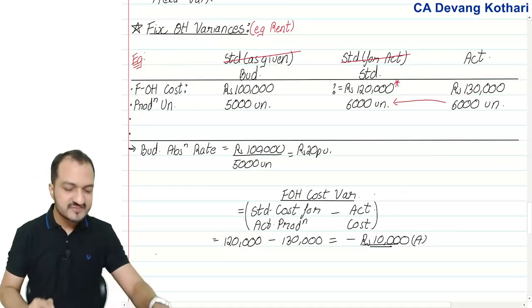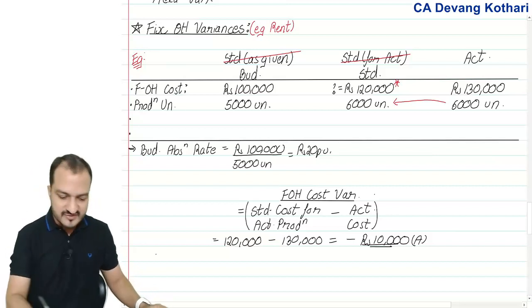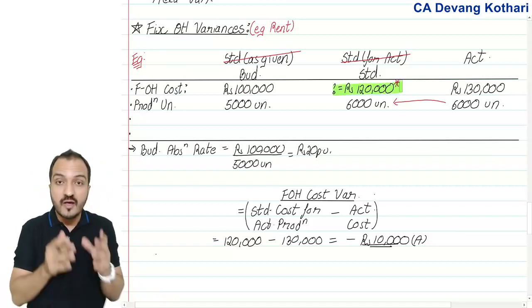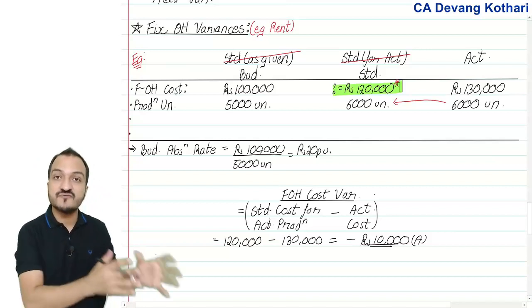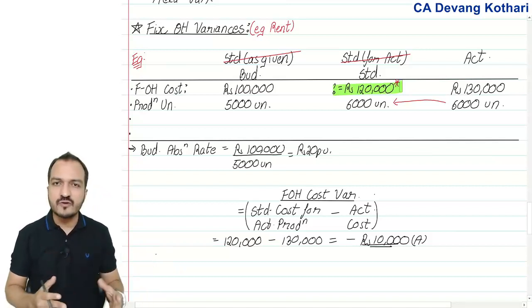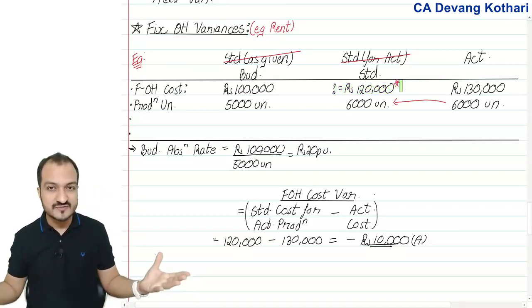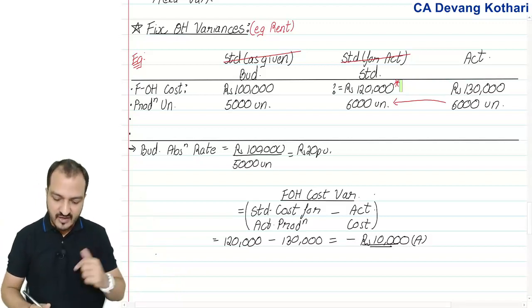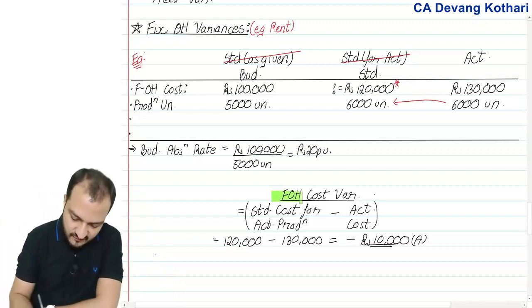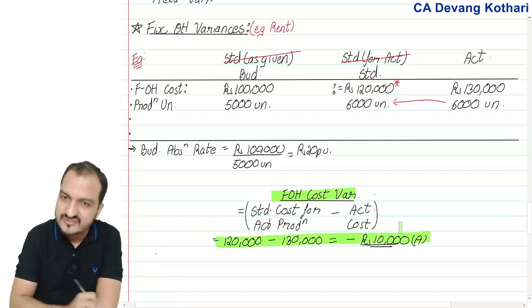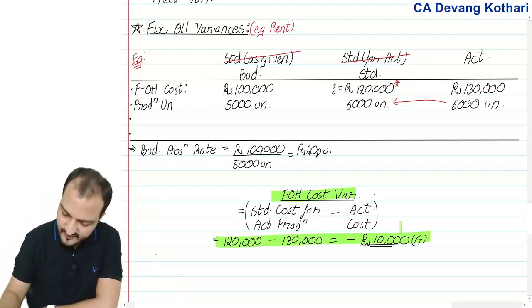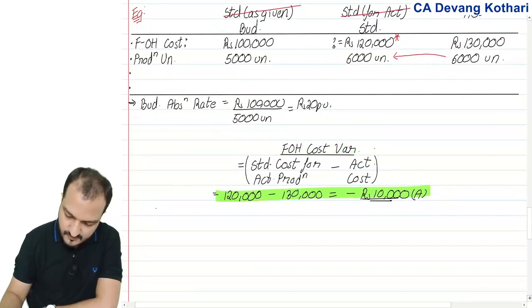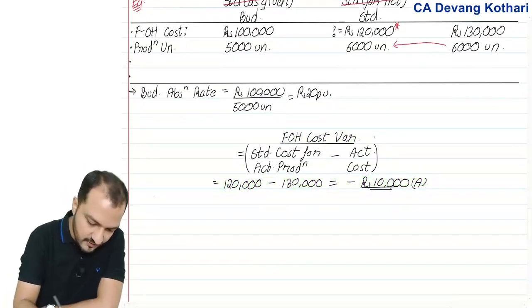See, this understanding was really important in order to understand how fixed overhead variances are different from all my other variances, right? Okay. So with that background, we get the understanding for what is fixed overhead cost variance. Now within that fixed overhead cost variance, we have some components.